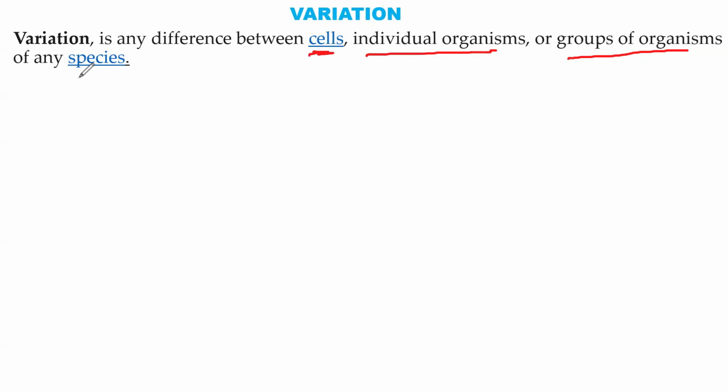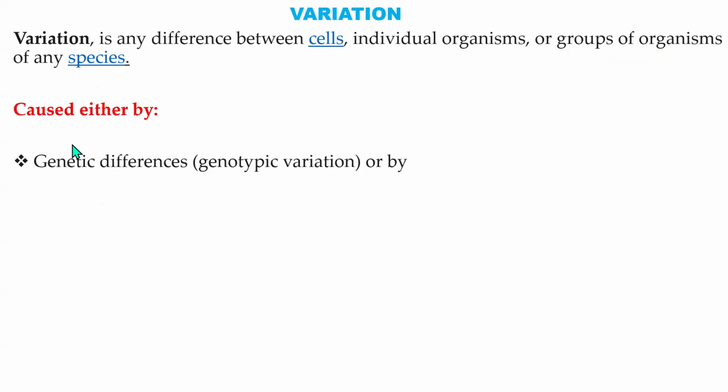The differences that exist between cells, individuals, or groups of organisms of any given species is what we call variation. This variation can be caused by genetic differences.